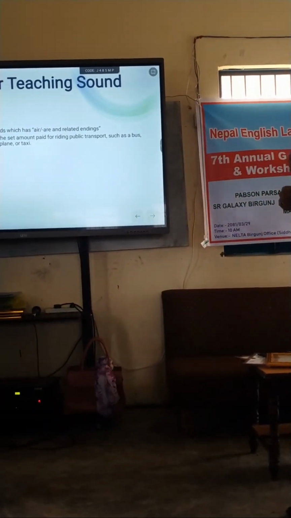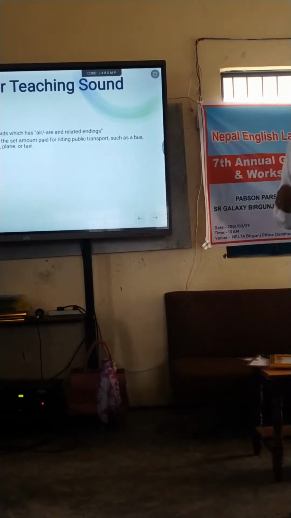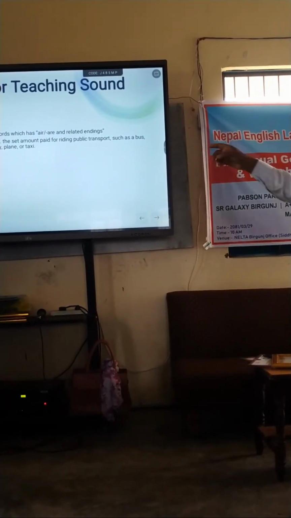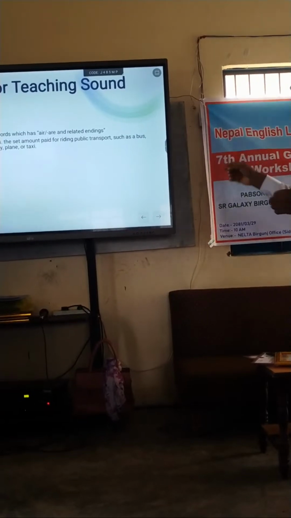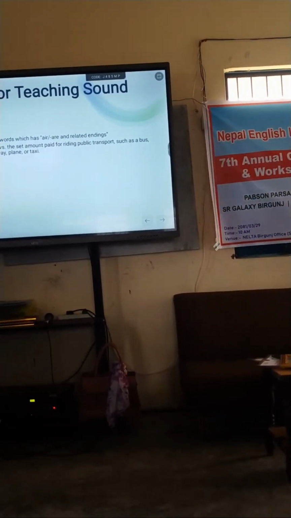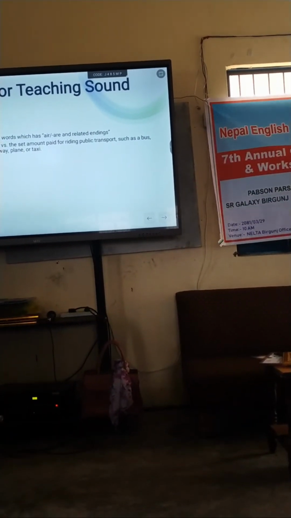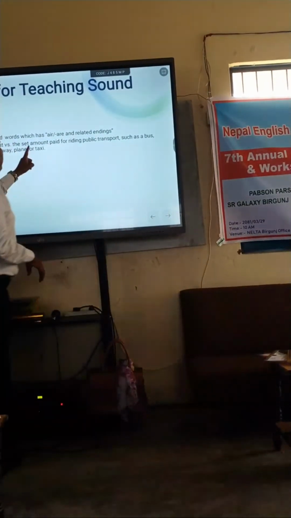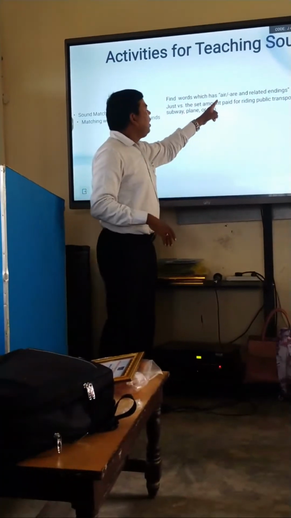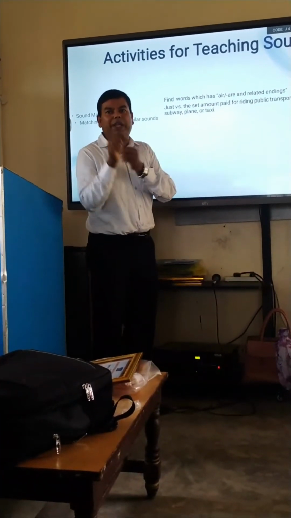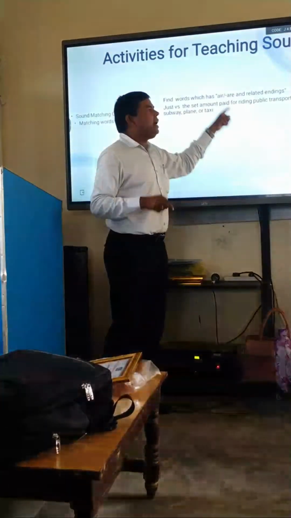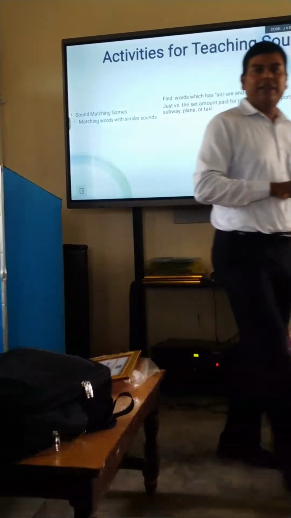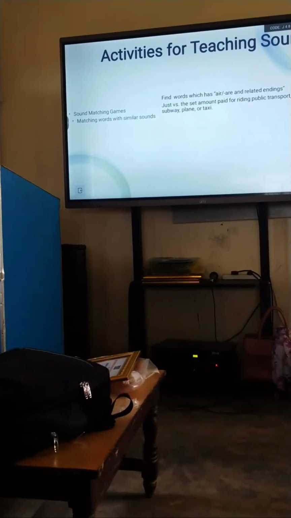Here you see. Just versus the set amount paid for riding public transport, such as bus, subway, plane, or taxi. But you have to find out the words which must be with what? A-I-R, A-R-E. Please find out the words.